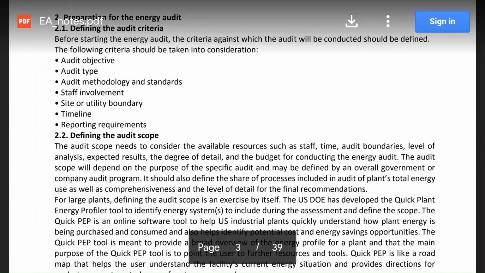Second is the detailed or diagnostic audit, in which measurements are taken from the machines or from the sites, using different measuring instruments, and data is recorded based on which the analysis is done.